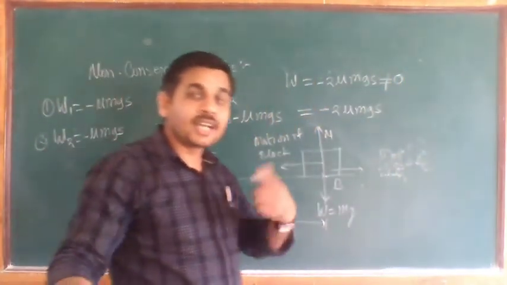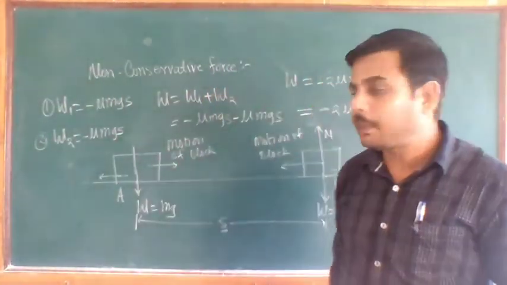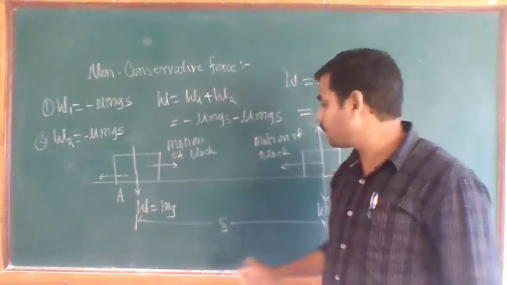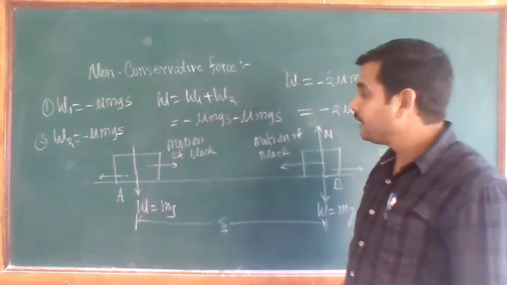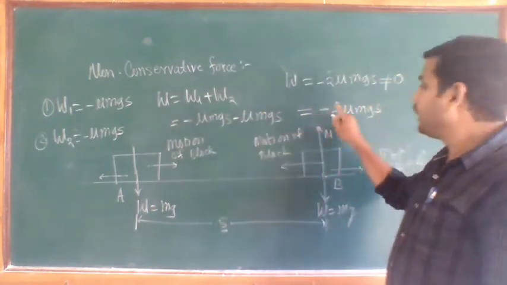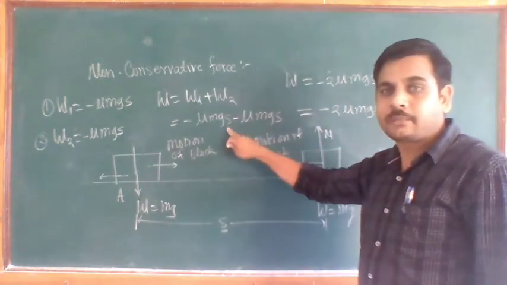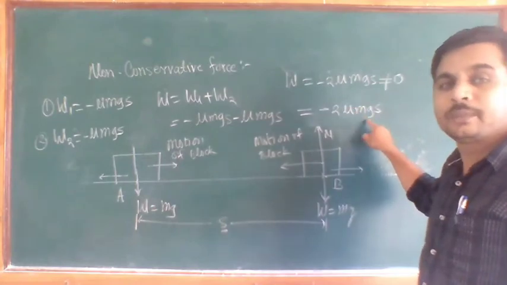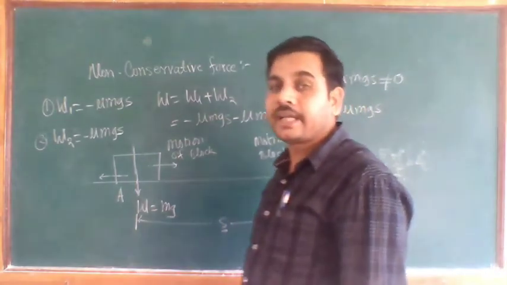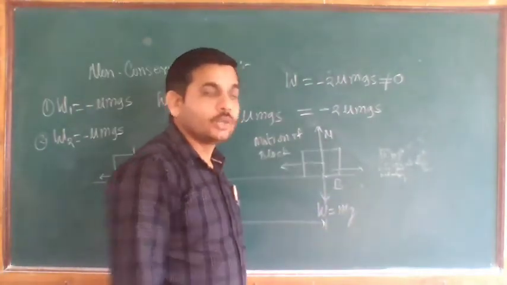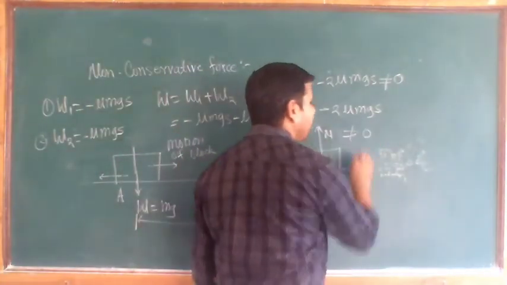In this round journey, or closed loop path, from A to B and back to the original position from B to A, the total work done is W1 plus W2. Adding these two terms, you get minus 2 mu mgs, which is a non-zero value.